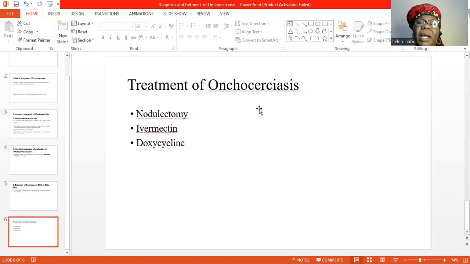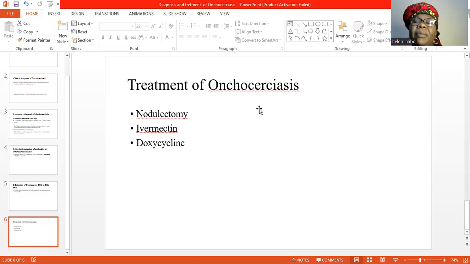So ivermectin can be given annually, and it's a microfilaricide, that is, it particularly stops the production of the microfilariae by the female adult worm, given in a dose of 150 micrograms per kg body weight.